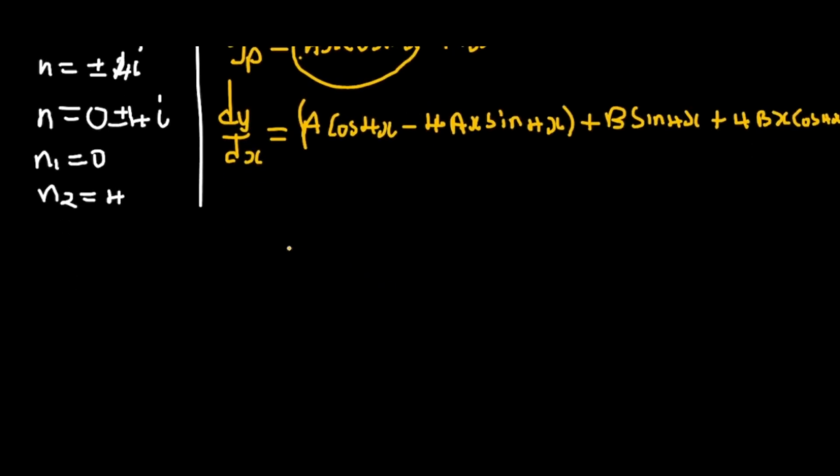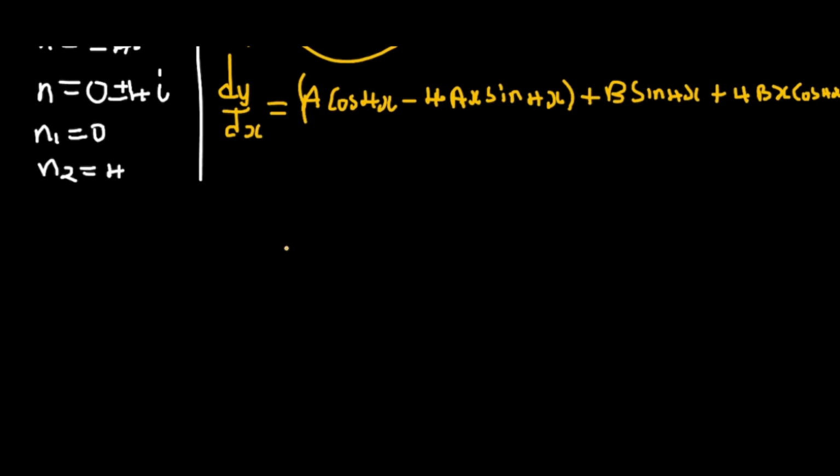Now we're going to use our first derivative to get our second derivative, d squared y all over dx squared, which will simply be equal to the derivative of this. Looking at the terms individually, this is 1, 2, 3 and 4.